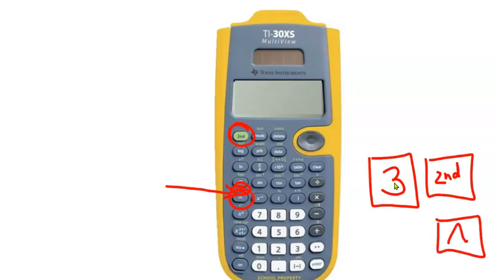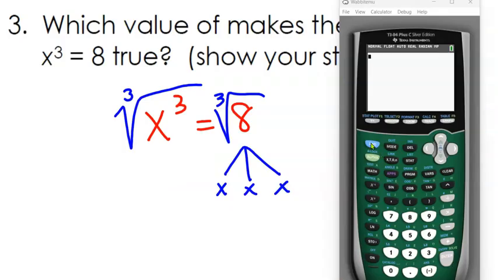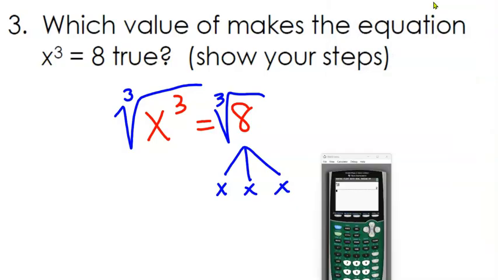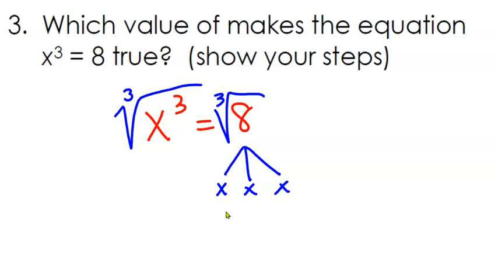And by doing so, you'll get the 3 next to the square root sign. Your screen should look something like this if you did it correctly. A little 3 in front of the radical. And the cube root of 8 is 2, because 2 times 2 is 4, and 4 times 2 is 8.